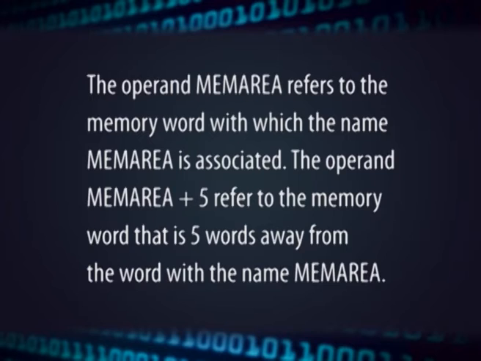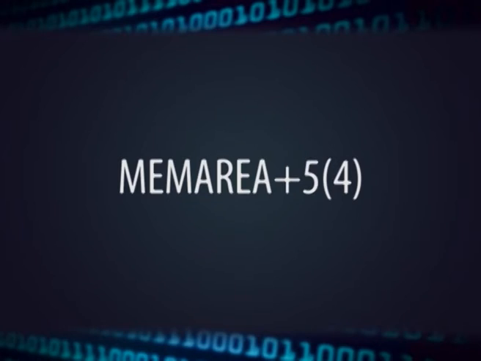The operand MEM AREA plus 5 refers to the word that is 5 words away from the word with the name MEM AREA. Here, the 5 is the offset from the memory area. The operand MEM AREA with 4 in brackets implies indexing MEM AREA with index register 4.